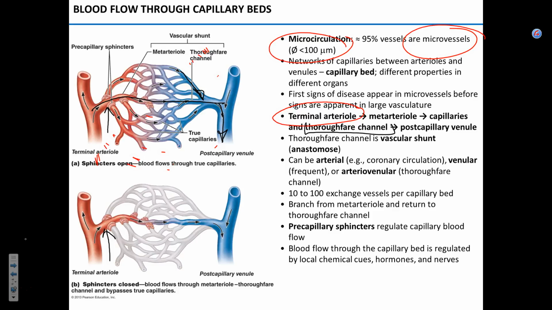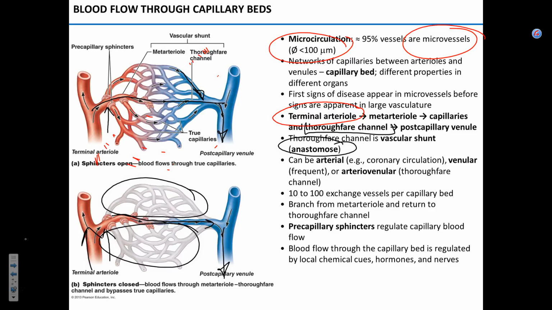So if all sphincters are closed, blood still can go from the artery to the vein. Does that make sense? Otherwise, we would be royally screwed. Okay? So this vessel here is called a thoroughfare channel. It represents a type of vascular shunt, or another word for it, anastomosis.